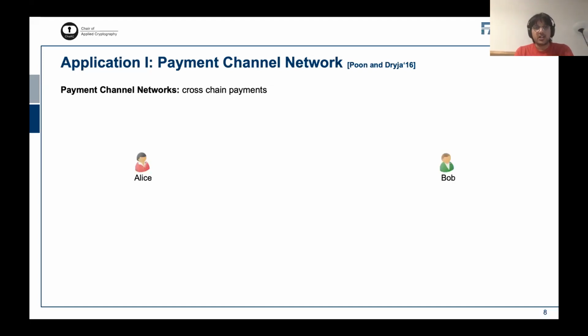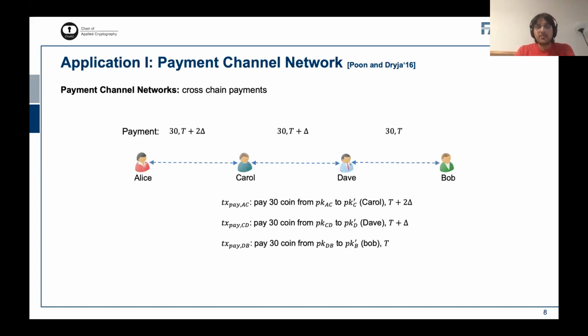So in other words, you have Alice and Bob who do not share a payment channel themselves, but they have a series of payment channels via Carol and Dave. To make a payment of 30 coins, they set up these payments where there's TXPay AC, where Alice pays Carol 30 coins from their channel, and the expiry time of this transaction is set to T + 2 delta.